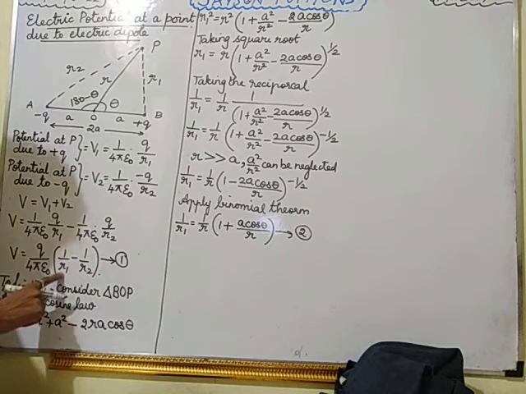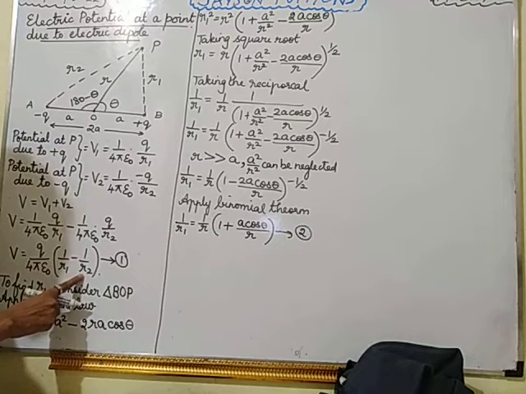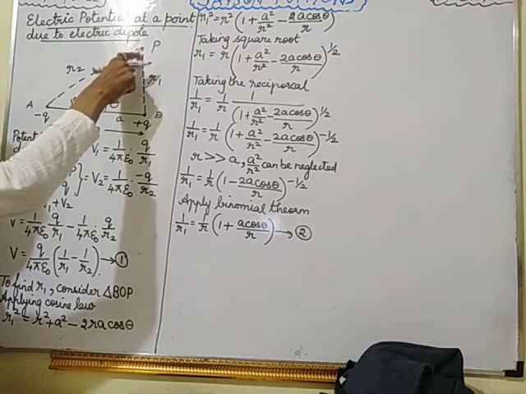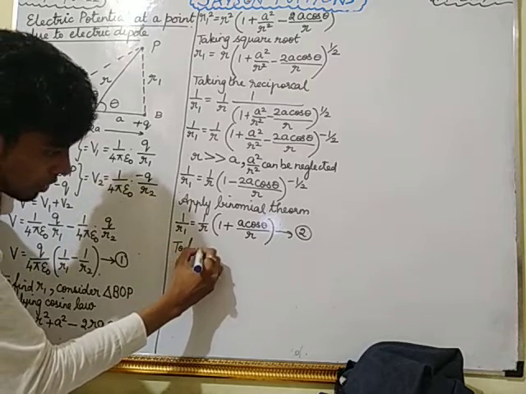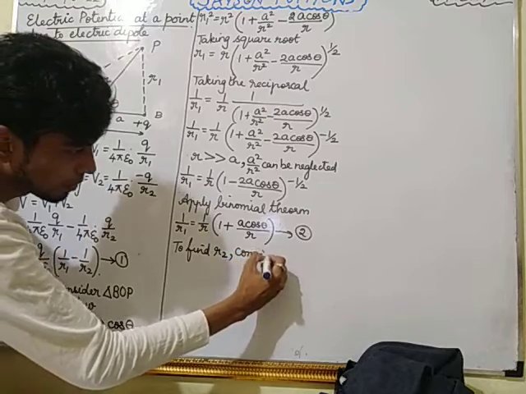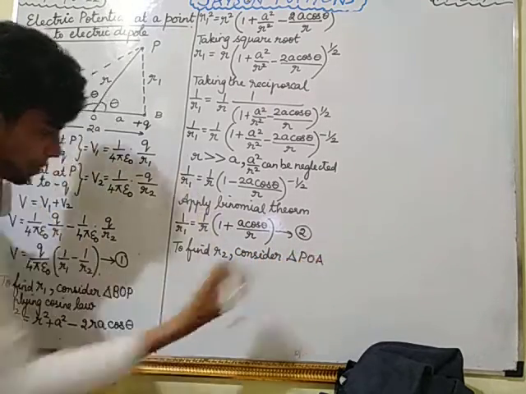So I have found out the 1 by R1 value. Now I have to find out the 1 by R2 value. R2 is in which triangle? POA. So to find R2, I have to consider the triangle POA.